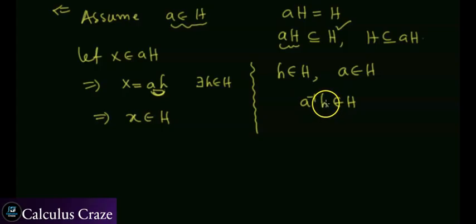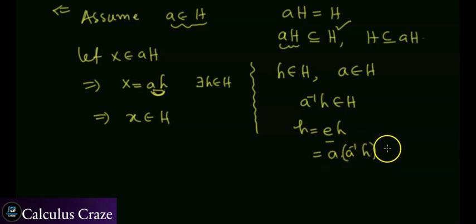So you can explore this, right? Now what I can do is write this guy H as identity times H, but this identity can be written as A times A inverse, so H equals A times A inverse H. Now you have already seen that A inverse H is inside H, and A is also inside H. So this is some element A H prime, where H prime is in H. So this is the form of an element of AH.